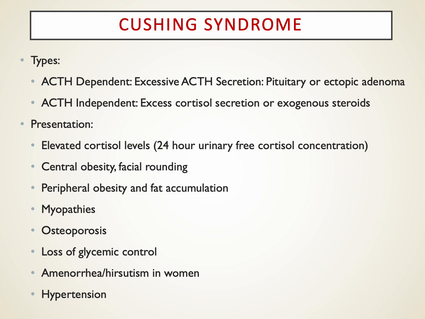They'll present with elevated cortisol levels, usually central obesity, facial rounding, peripheral obesity, and fat accumulation. They may have myopathies, may have osteoporosis. They often will have a loss of glycemic control. Women will often have changes in menstrual cycle, maybe hair growth, and hypertension.